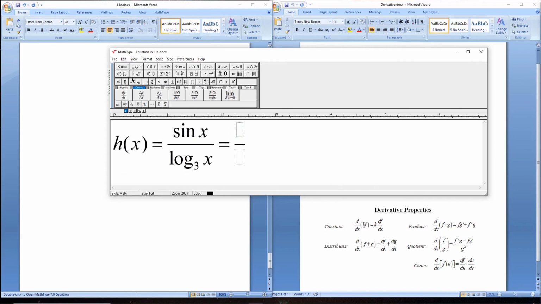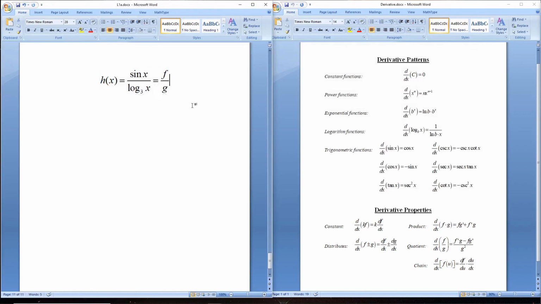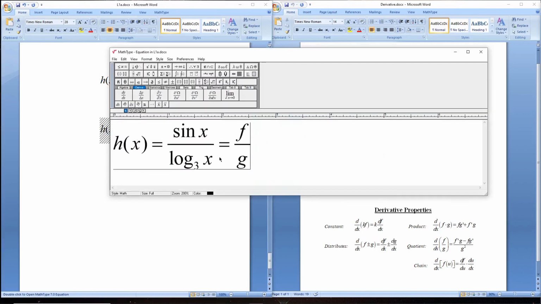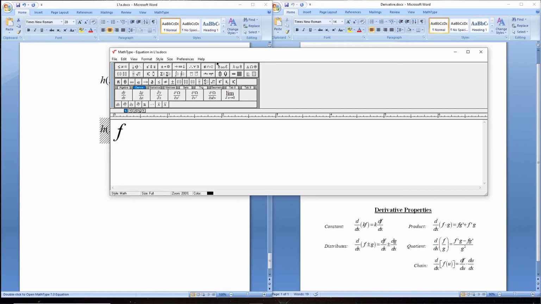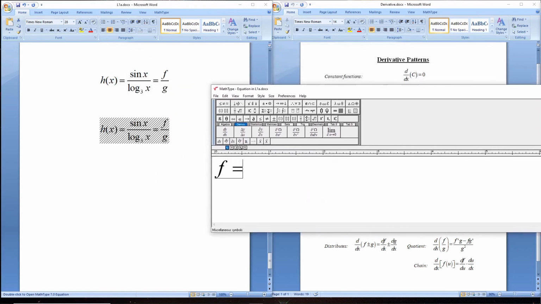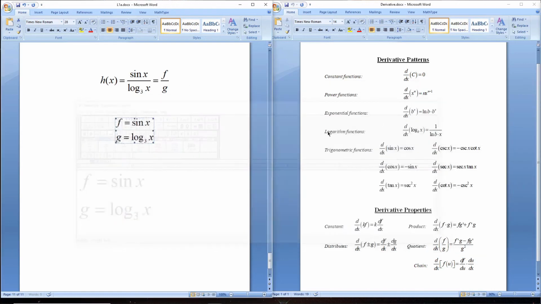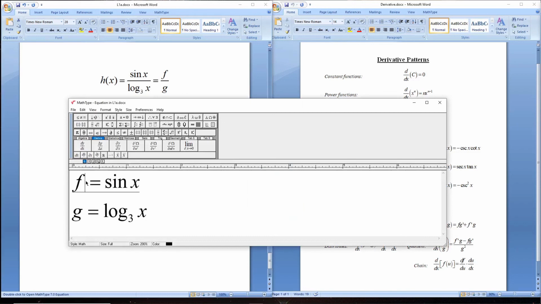So we're going to identify this as our trig function divided by our log function. And then we're going to explicitly state that by saying f is sine x and g is log base 3 of x. And once we explicitly state that, we will then need those derivatives to do the quotient rule. And so we'll take those derivatives.